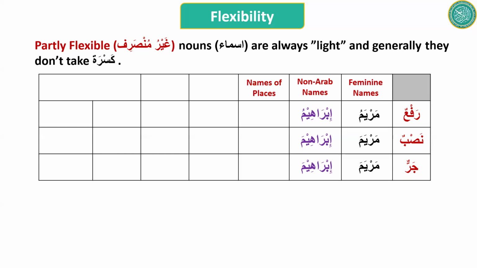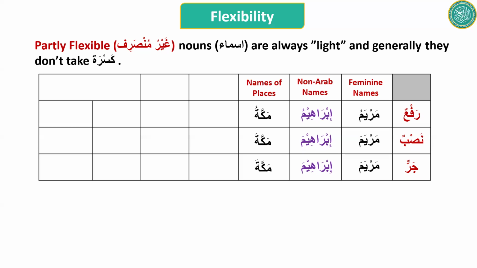What else? Names of places. All names of places, whatever they are, like Makkatu, Makkata, Makkata. It will never be Makkatun. Or Pakistanu, Pakistana, Pakistana.